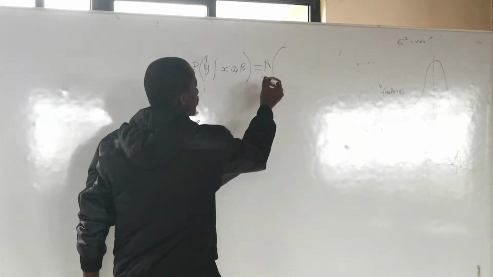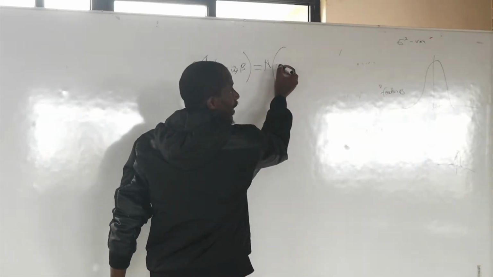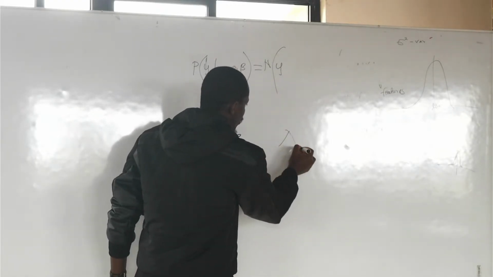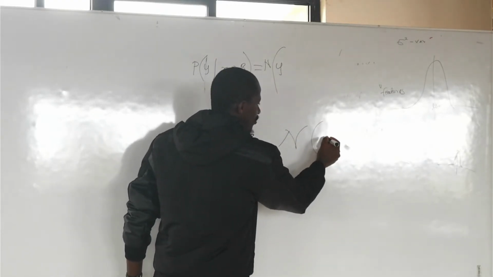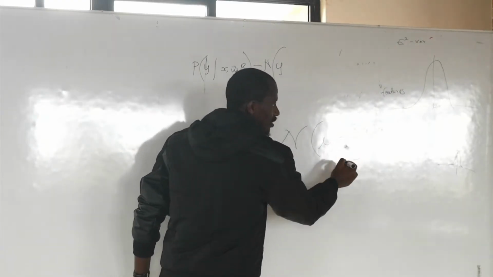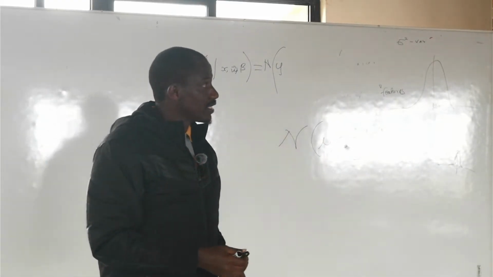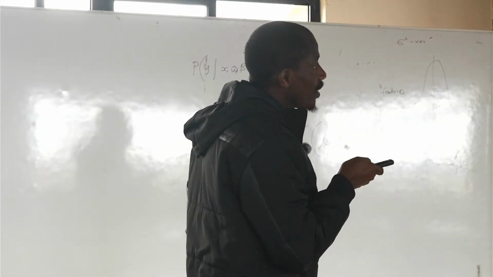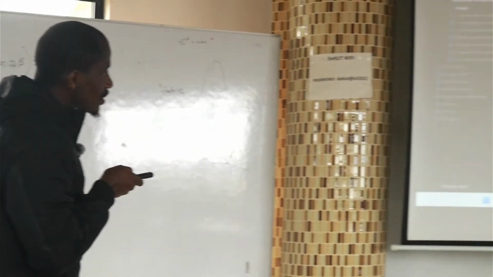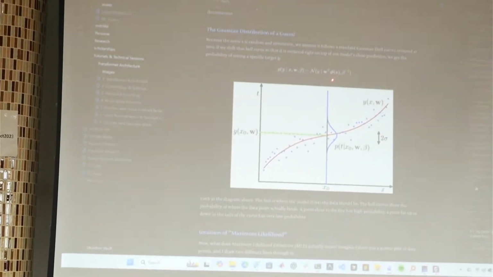It is a normal distribution where, I don't know whether you've seen the normal distribution written something like that. It is normally distributed with a mean mu and a variance sigma squared. So in this case, that point, this predicted point y of x and w, is the mean.